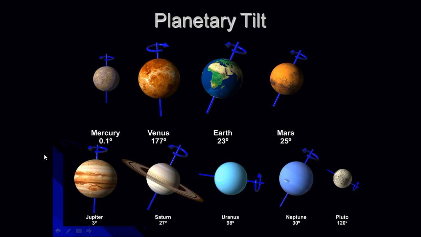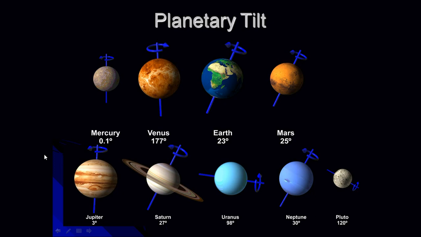If you look at Uranus specifically, its rotation appears kind of sideways. And if we're looking at other unique features, you should notice that Venus rotates in a direction that is opposite to the other planets.